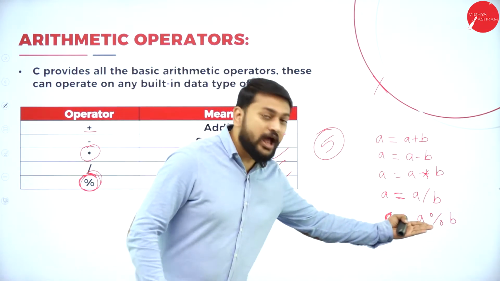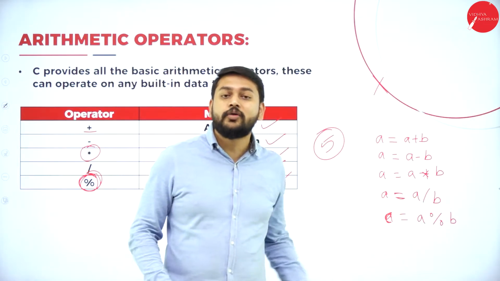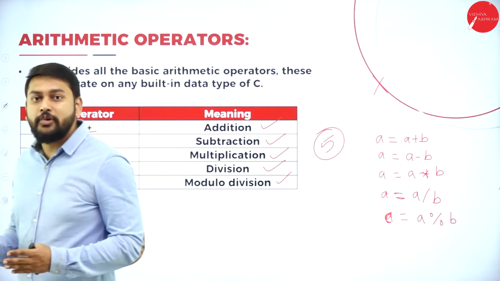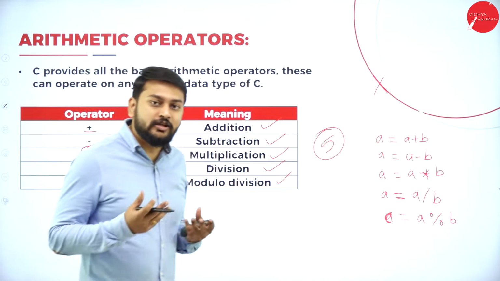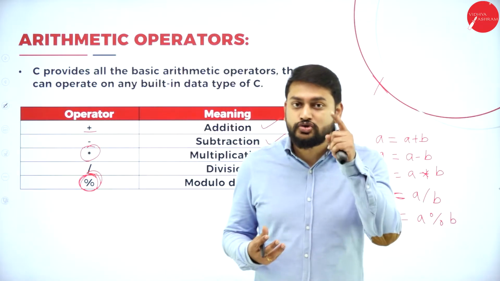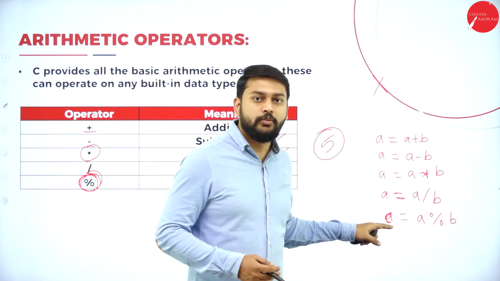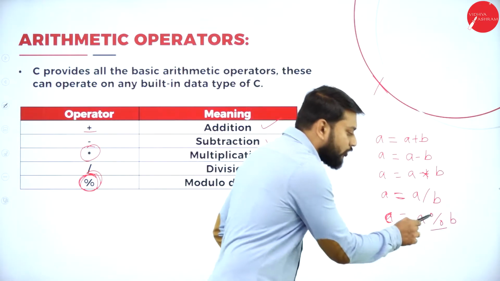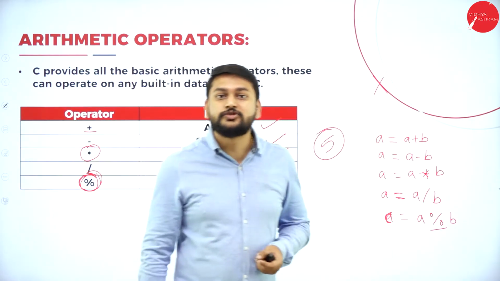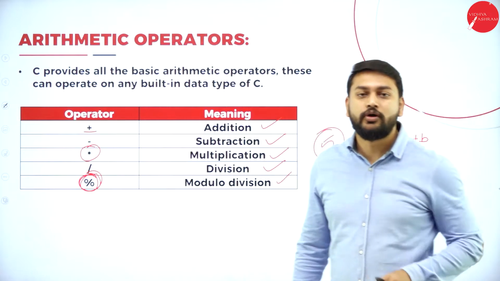I will be storing the remainder when I perform A divided by B. So the remainder is what I'm going to store in this variable. That is the beauty of this modulus. I will not be treating it as percentage. So please make a note of it.